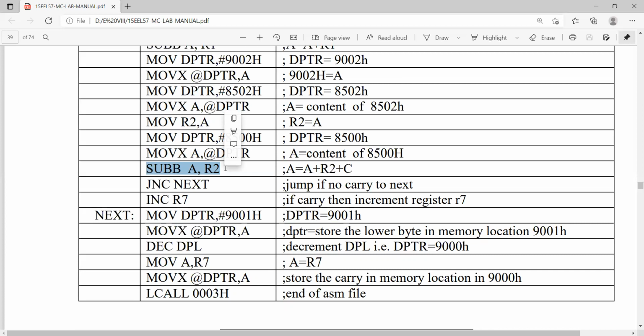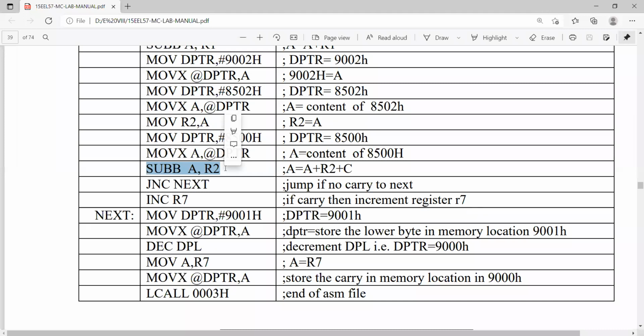In that situation, normally in the addition there is no carry. We are not considering any carry in the lower byte addition, because somewhere we may have a carry condition. Initially you can clear that carry, by resetting it: CLR C, clear carry. So that carry bit will be cleared.